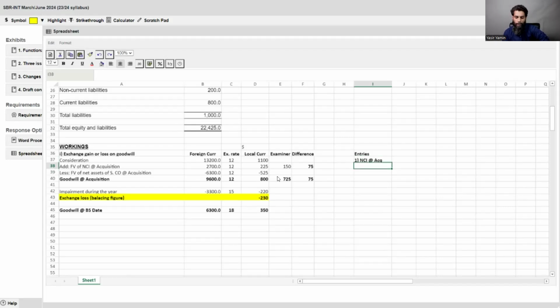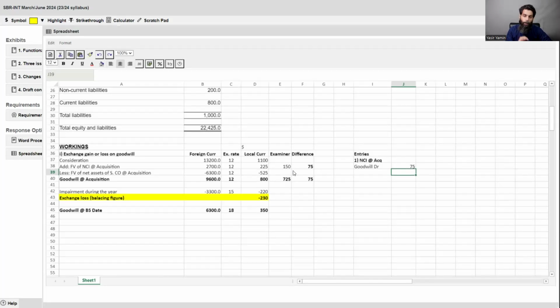You see, the examiner calculated goodwill of 725, and you are calculating goodwill of 800. That means you are increasing goodwill. The correcting entry should increase the goodwill. So I would make an accounting entry, goodwill debit 75. What should be credited? All of this difference arose due to the lower valuation of NCI.